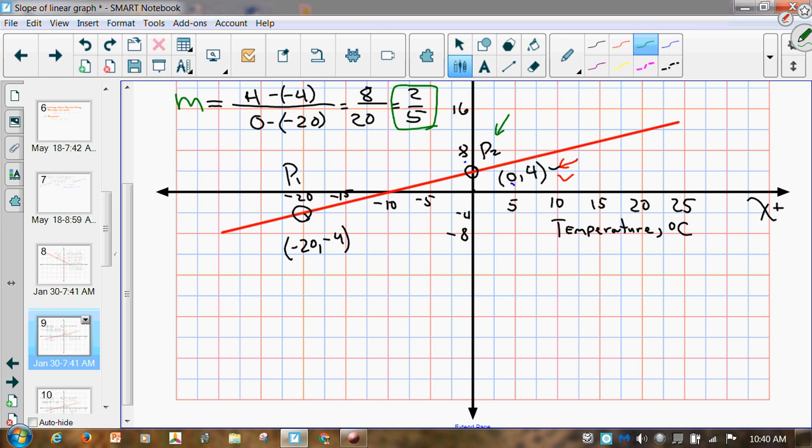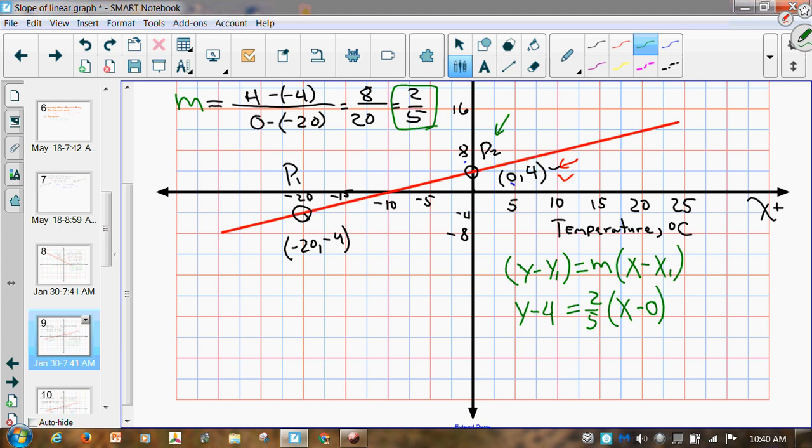And so let's go ahead and write the general form up first. y minus y1 equals the slope value times x minus x1. And so using 0, 4 as our x and y values, we will have y minus 4 equals the slope value, which is 2/5, times x minus the x value at that same point, which turns out to be 0, and you can see how simple that works out.